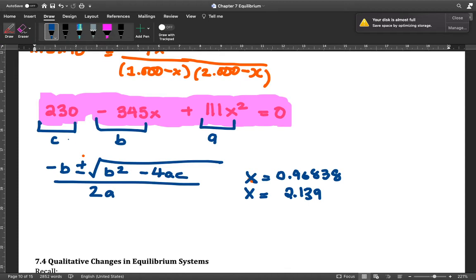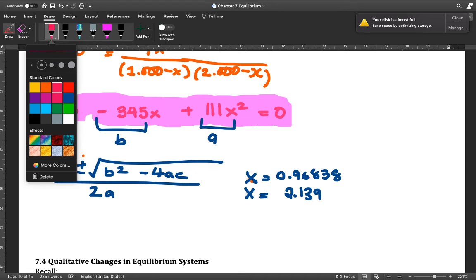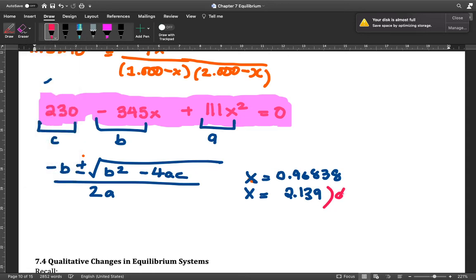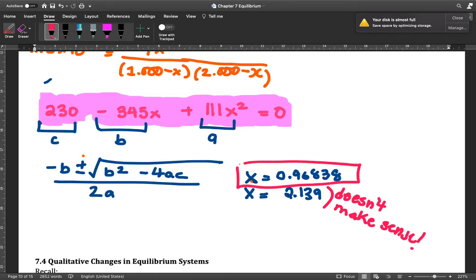And the second one, the one where x is equal to 2.139, really doesn't make any sense. This is more than the initial concentration, right? Which means that this cannot be our value of x, so the first is the x value that I choose. So using this, I can solve for the concentration of HF and H2 and F2.